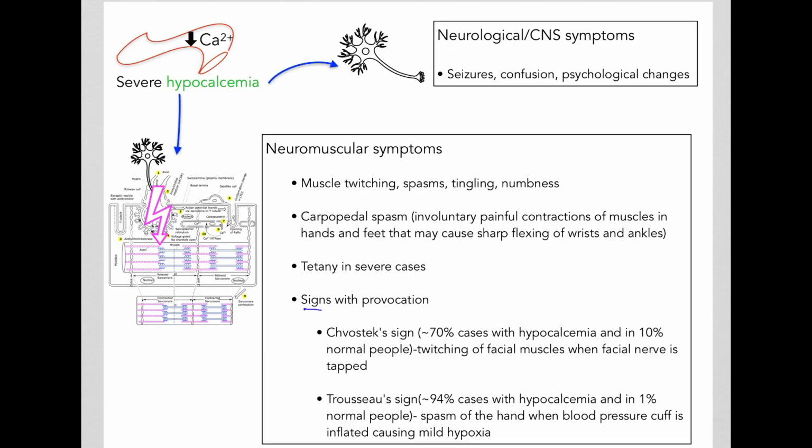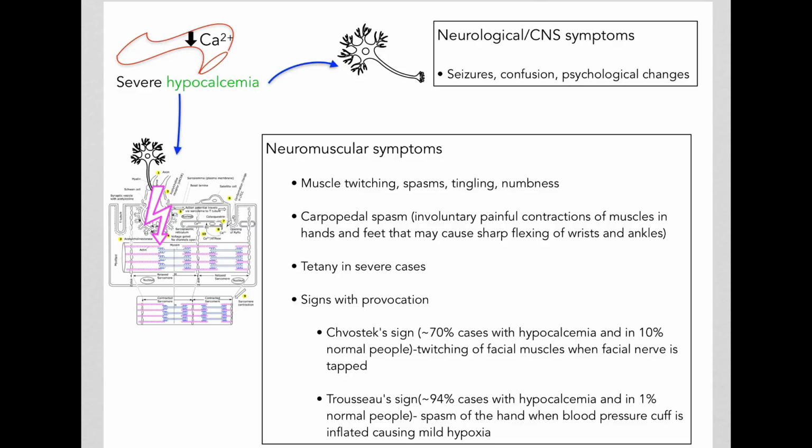Now, some of these signs and symptoms are observed only with provocation. For example, the Chvostek sign, seen in about 70% of cases with hypocalcemia and in about 10% of normal people, is a twitching of facial muscles when the facial nerve is tapped. A more specific sign is the Trousseau sign, which is seen in about 94% of cases with hypocalcemia, and only in about 1% of normal people.